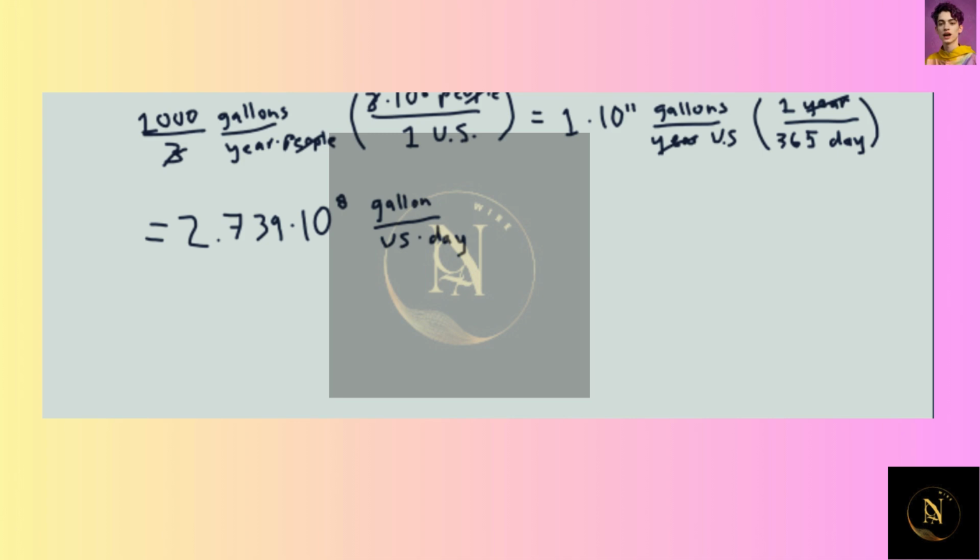But as mentioned before, based on our significant figures, we only had 1. So we just use this quantity and round up. So it's just 3 times 10 to the 8 gallons used in the United States per day.